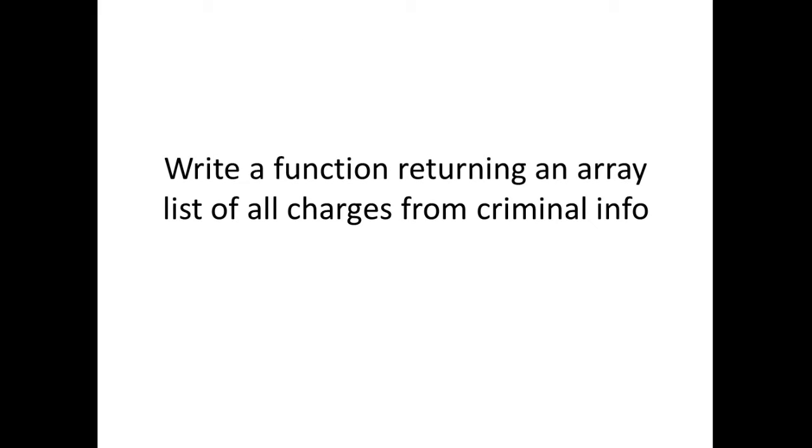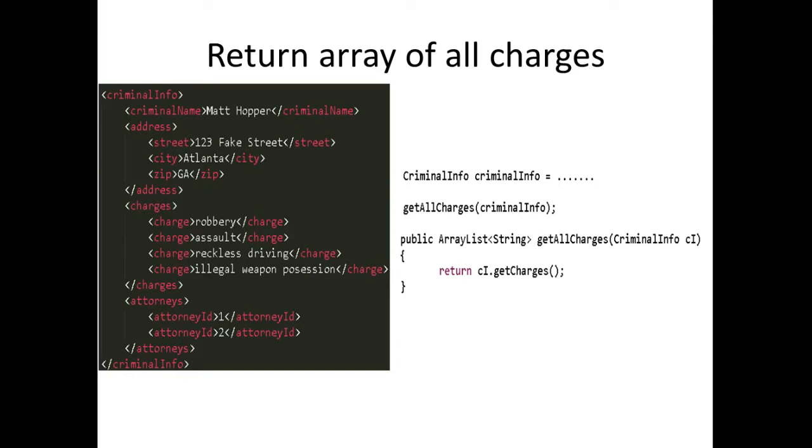The next thing I was asked was to write a function returning an array list of all charges from criminal info. First of all, what you need to realize is that when you're working with XML, it can be referred to as objects. So this criminal info up here can be referred to as an object, because with an object you're able to create it and then reference information within that object, such as methods, data members, properties, and things like that.